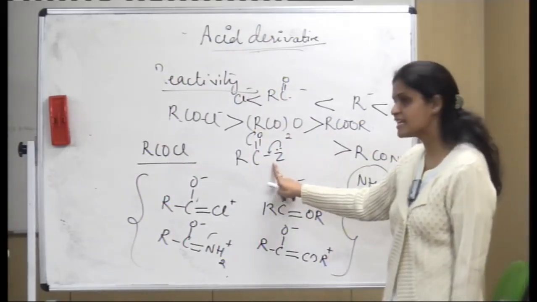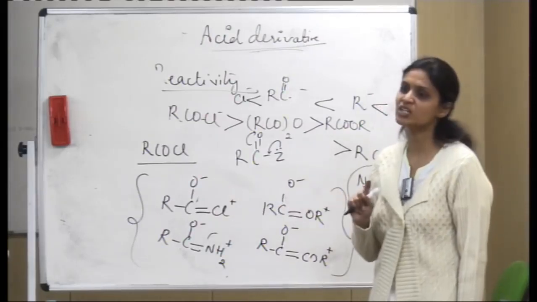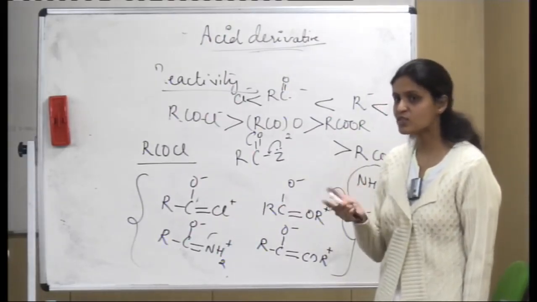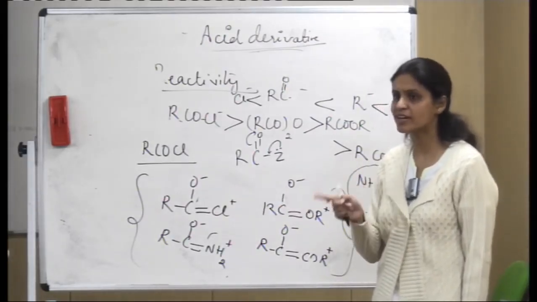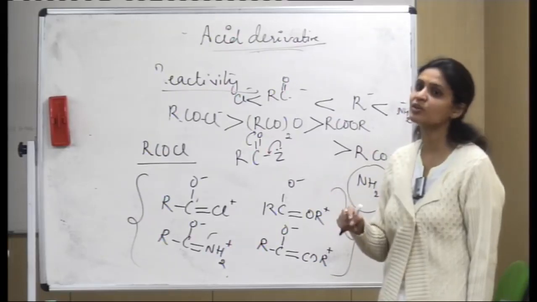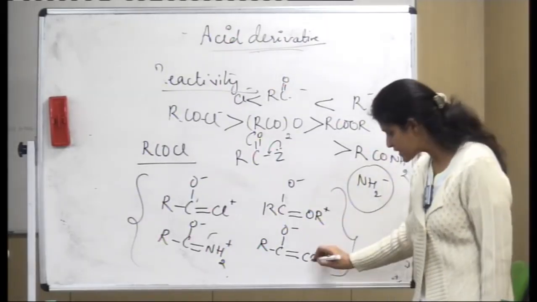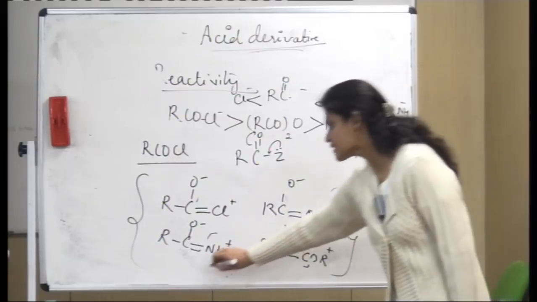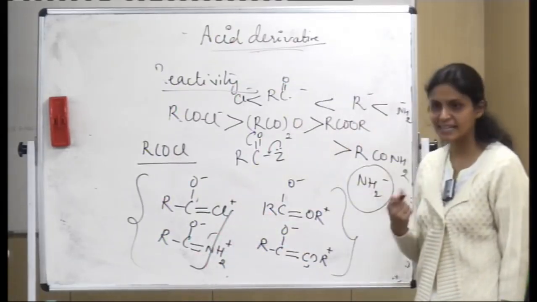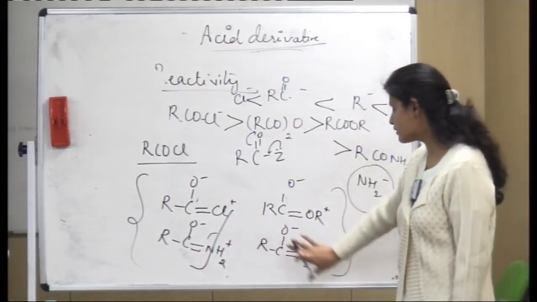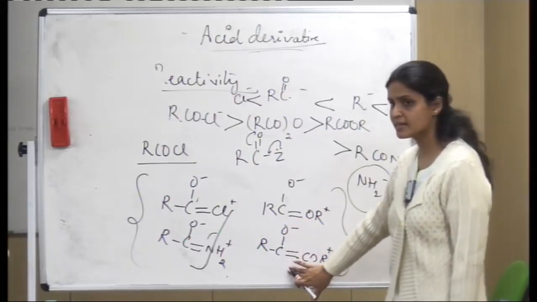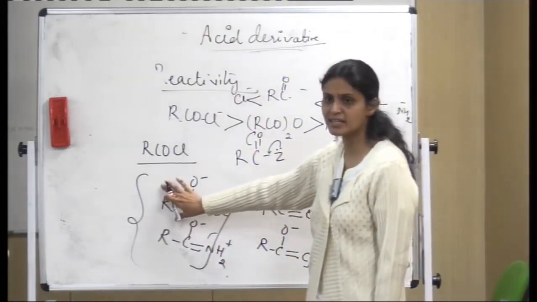And hence it can easily form the resonating structure. In case of chlorine, can it easily give the pair of electrons to form the resonating structure? So in this case the resonating structure is highly stable, followed by this, and then followed by last in the chloro group.